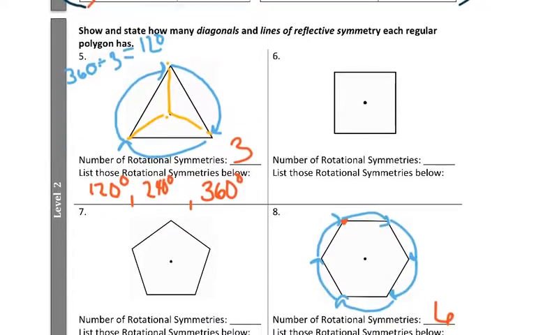In this triangle example, we could have done 120, 240, 360, or 360 plus 120, which would be 480, or 600, or 720.